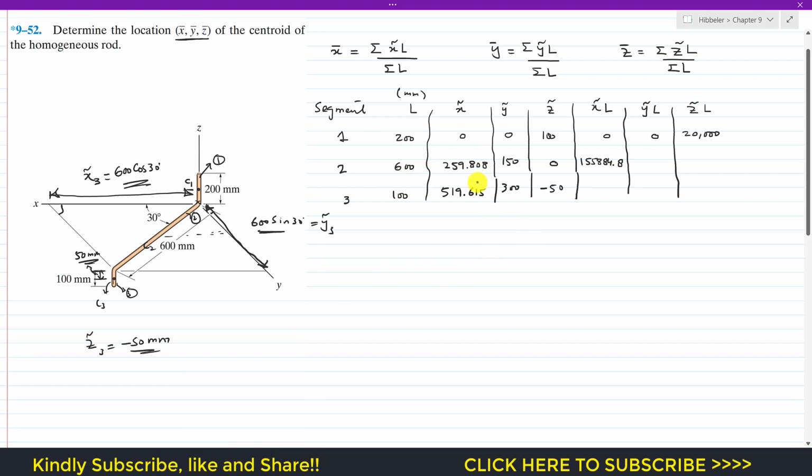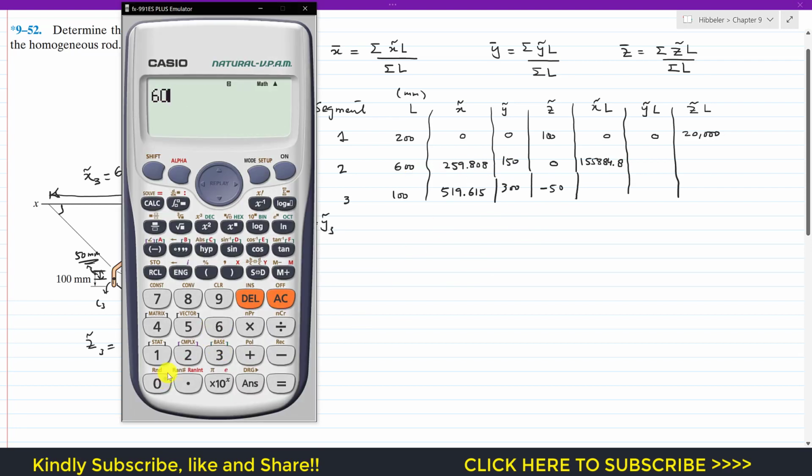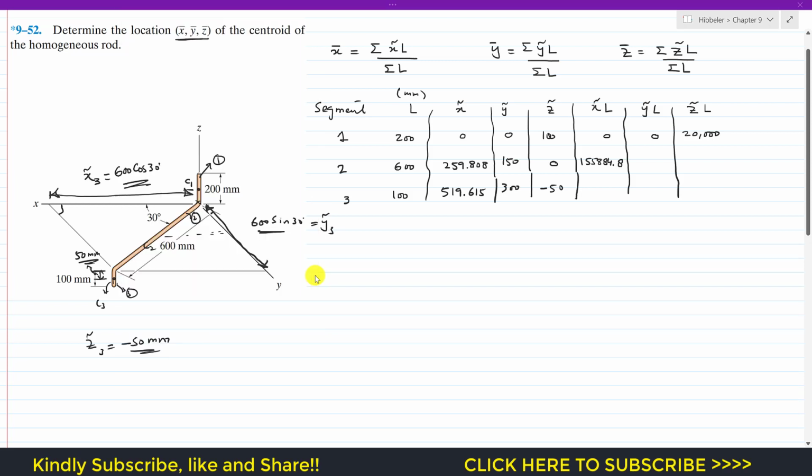And similarly 600 into 150 gives us 90,000. And similarly z tilde into L will give us 0.